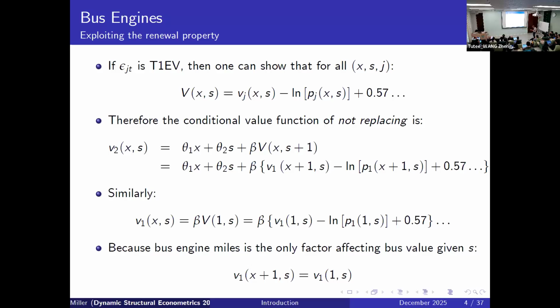So here's the conditional value function for replacing, and now we do the same thing here. Next period we're going to have this one coming in like that, same thing, but now it's just 1 instead of X plus 1. But now, think about what happens when you replace a bus engine.